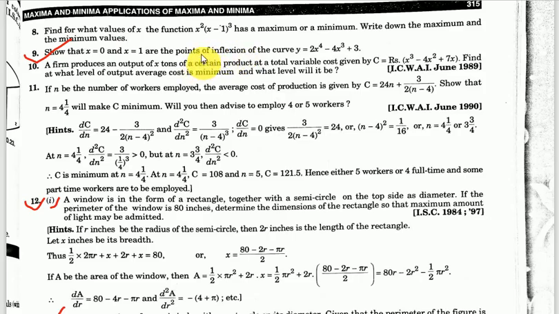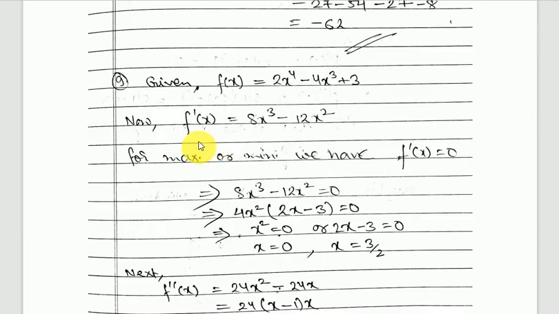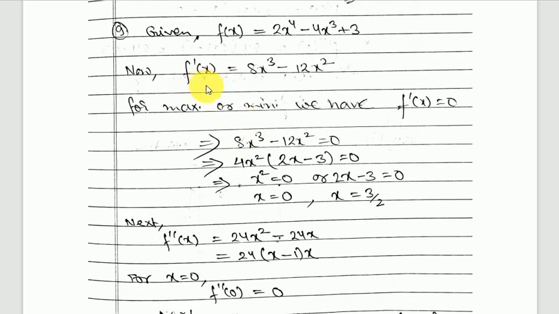So let us see. Firstly we have to differentiate that function. After differentiation, we got 8x cube minus 12x square. Then the second step is to put this first derivative equal to 0, because we know that for the point of maximum and minimum, the first derivative is always equal to 0.